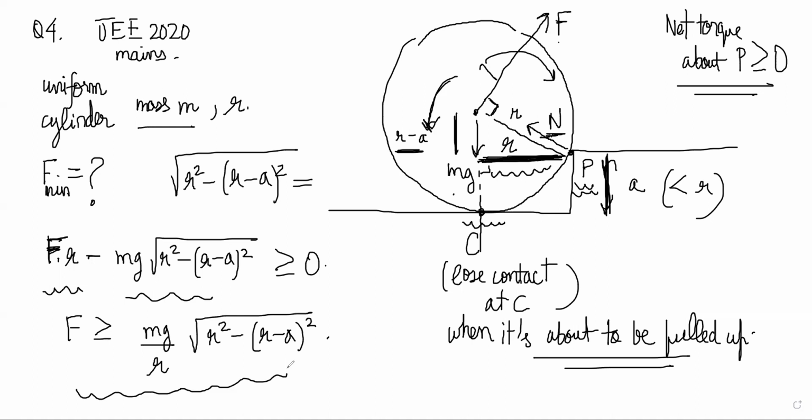It could slide or it could topple. And you have to calculate accordingly which one will happen, depending on whether the force applied is greater than the sliding friction or whether it has enough torque to make it turn about the point, right? So hopefully you have understood this concept. This has appeared in problems before, so therefore I wanted to mention it.